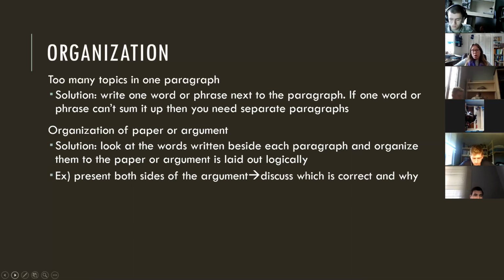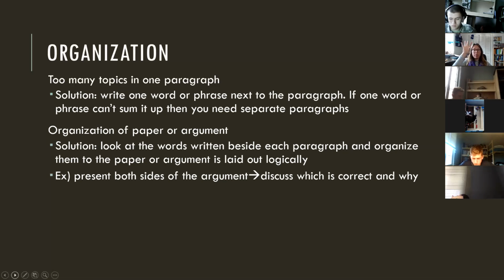If you were using an argument, I think maybe Tristan or maybe Jamarcus, one of you guys was talking about maybe doing the pros and cons of the death penalty. Was that one of you? That was me. Okay. So for you, what I would say is you're going to present both sides of the argument, and then you're going to discuss which is correct and why.